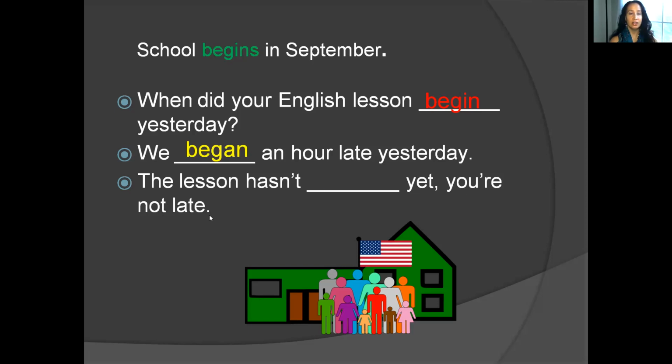You're not late. So think of all the irregular words with the word begins. The lesson hasn't begun yet. You're not late. So this is like our good review quiz, okay? So the next ones, I want you to really think about it, okay?